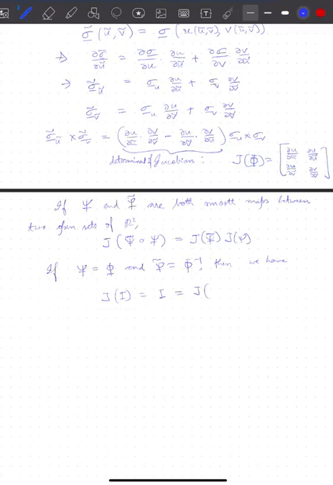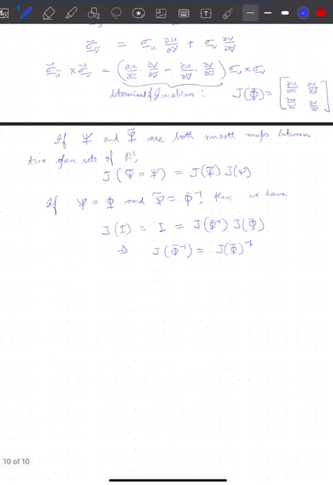And this will be equal to the Jacobian of phi inverse and the Jacobian of phi. So the Jacobian of phi inverse is equal to the inverse matrix of the Jacobian of phi.